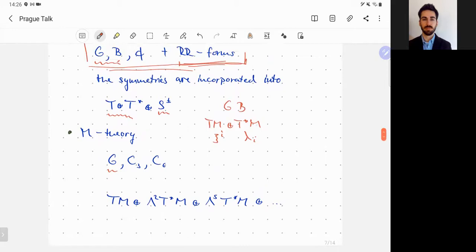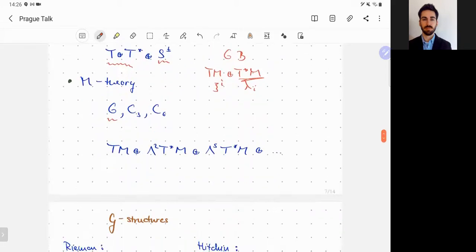We had a 2 form, and there are 1 form gauge fields here, and the diffeomorphisms stay. So diffeomorphisms are indeed in TM, and then we have these gauge transformations for C3 and C6. So they are the 2 forms and 5 forms. If we take these, we can add them to C3 and C6.